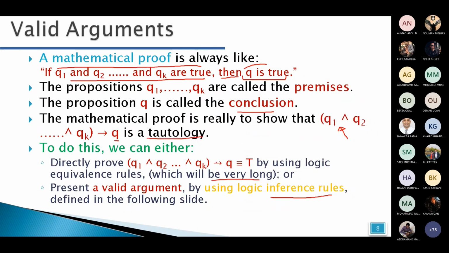So we can use logical equivalence rules from the previous week to prove that this is a tautology, but this could be very long in some cases, or we can prove that this statement, this argument, is a valid argument using logical inference.